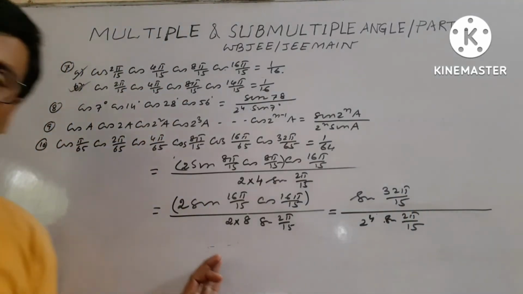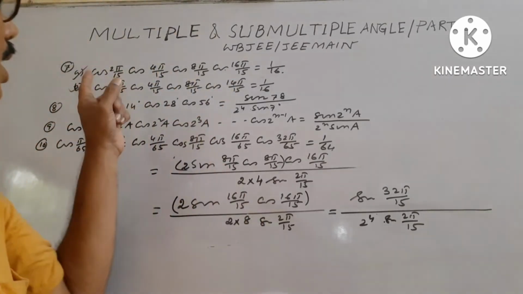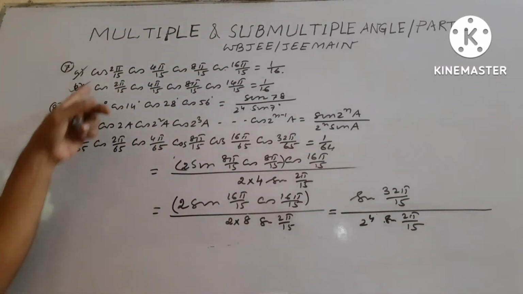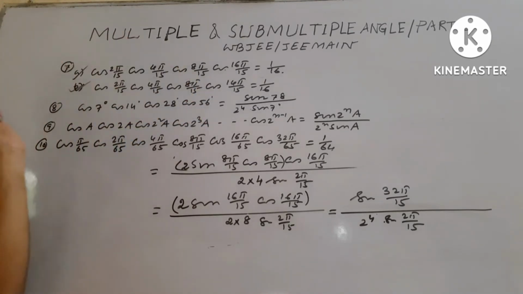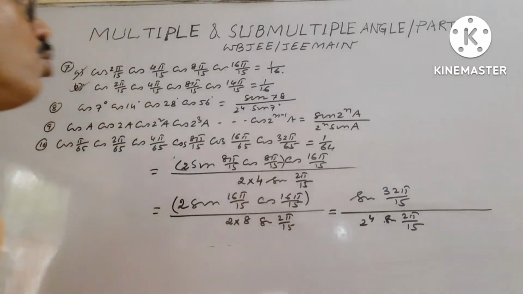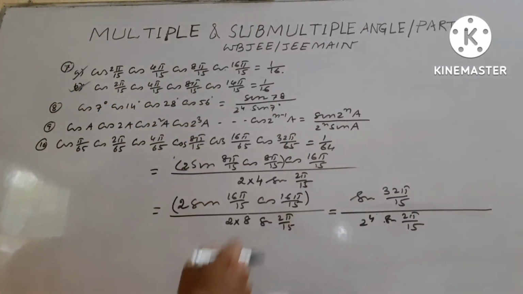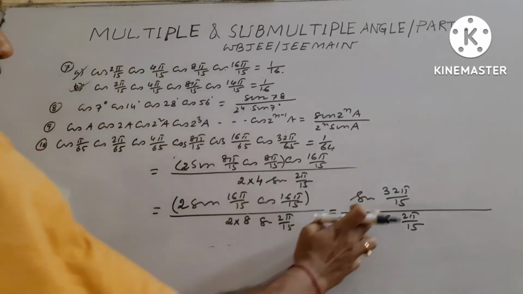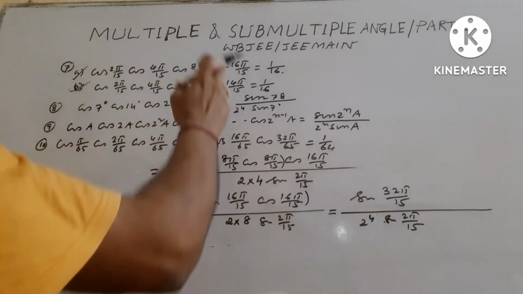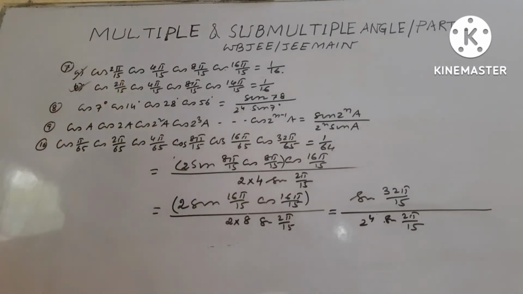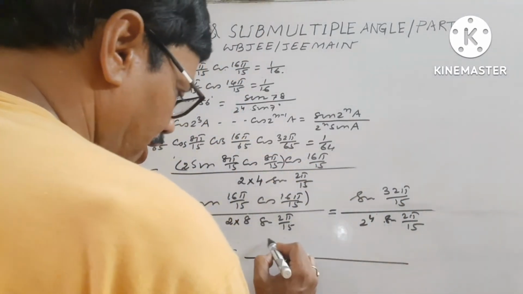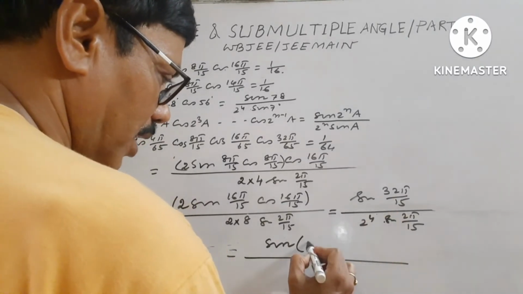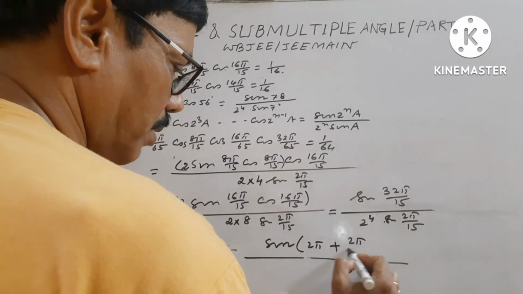So what is the shortcut? If you get angles in this form, where the second angle is double the first and the third angle is double the second, then we get sine of 2 into the last angle, over 2 to the power of the number of terms into sine of the least angle. So we are getting sin 32 pi by 15, which we can simplify as 2 pi plus 2 pi by 15.